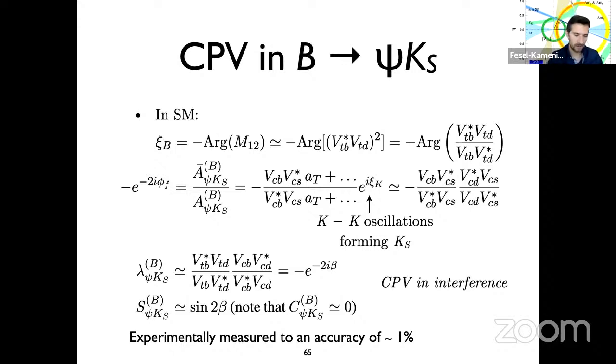And at present, these kinds of measurements allow us to probe experimentally this sin 2 beta angle to an accuracy of approximately 1%.